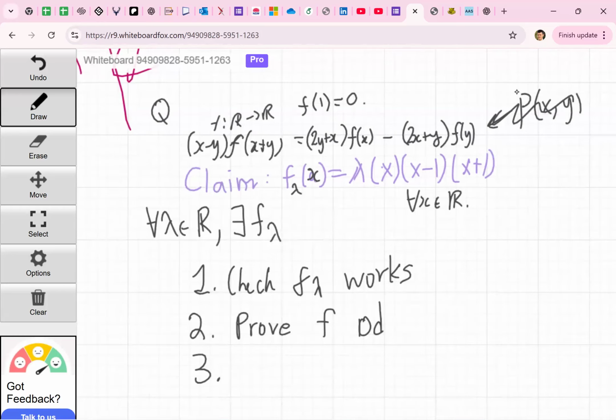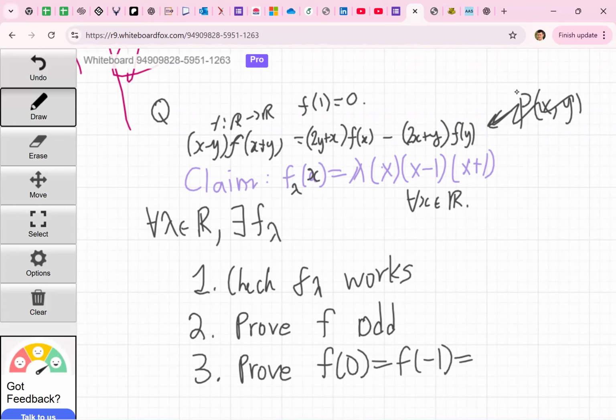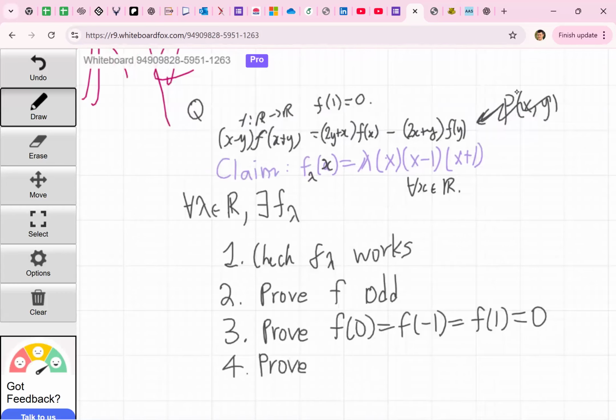Then I guess that's kind of just part of f being odd, so that shouldn't have its own thing. Might need to delete 3. It kind of comes before f is odd.